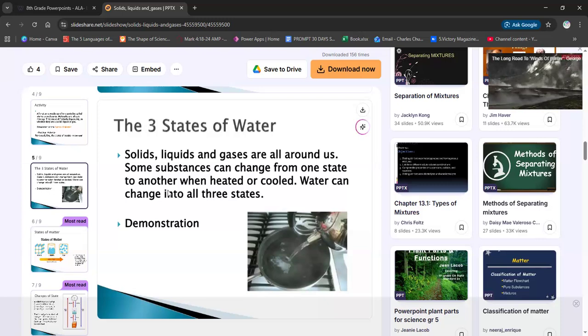Now, do you know that you can actually explain what's going on there? Remember, gases move randomly and move more than liquids. Do you agree with that? Gases are more free to move than liquids. Do you agree? Yes. Okay, good. And liquids are more free to move than solids, right?